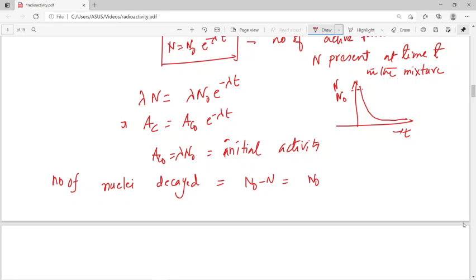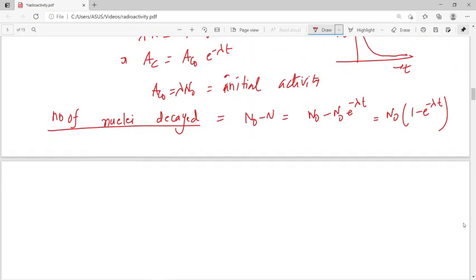So we will get n naught minus n naught e to the power minus lambda t, and if we take n naught common, n naught times (1 minus e to the power minus lambda t) is the number of nuclei decayed. There is also one more concept, that is half life time.